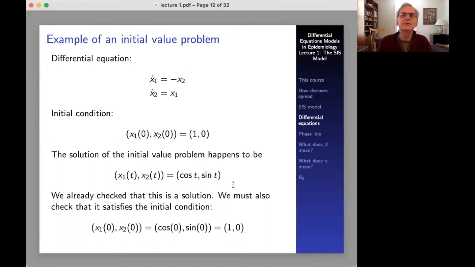So what do you have to do to check that's a solution of the initial value problem? You have to check that it's a solution, which we already did, and you have to check that it satisfies the initial condition. So what is x1 of 0, x2 of 0? Just plug in here. It's cosine 0, sine 0, and sure enough, that's what it's supposed to be, 1, 0. So this is a solution of that initial value problem.